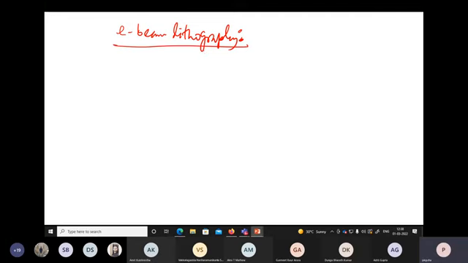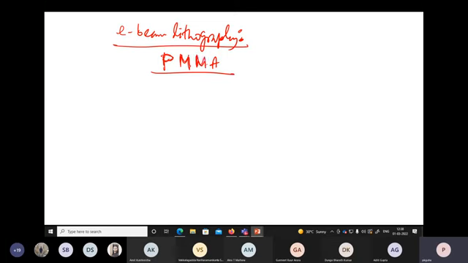Again there will be a substrate, a silicon wafer or other wafers, a silicon dioxide layer, and on top of the silicon dioxide layer there will be a resist. This resist is, for example, PMMA, a kind of polymer used as an e-beam lithography resist.